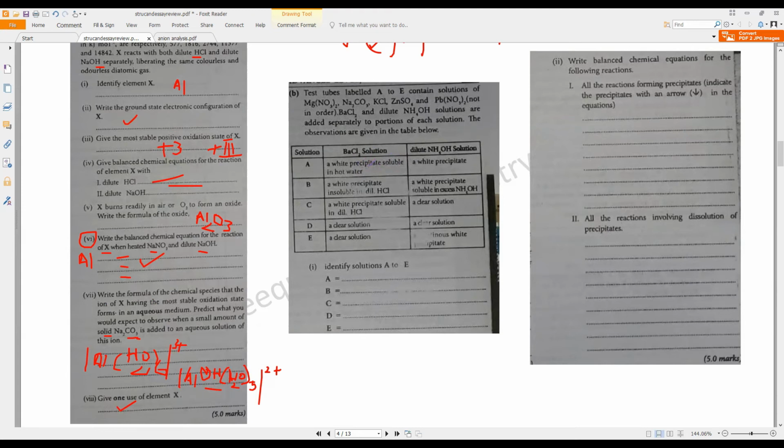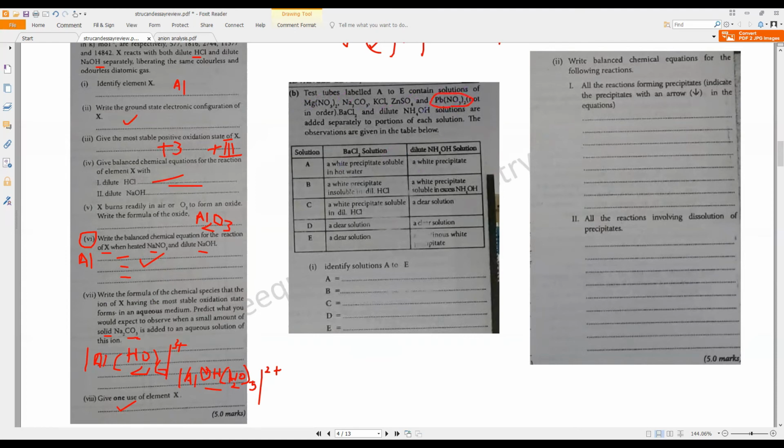Lead chloride is soluble in hot water, and when you cool it down, the precipitate starts appearing. So we need to check whether there is a lead solution. Here we can see magnesium nitrate, sodium carbonate, KCl, zinc sulfate, and here there is lead nitrate.